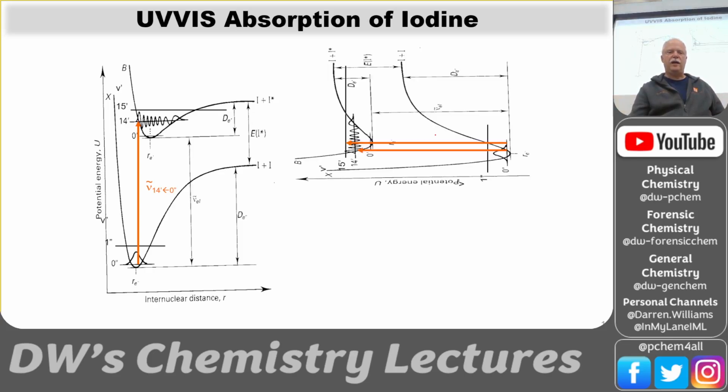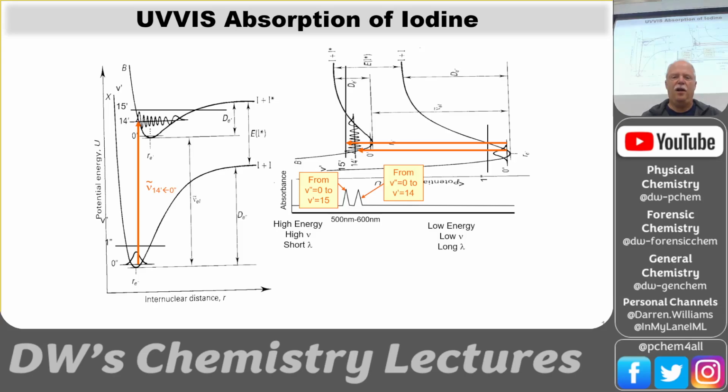So this absorption of iodine, if we take this plot and turn it sideways, we can see here kind of our spectrum. We've got a bunch of little peaks in our spectrum, and they all correspond to different vibrational transitions on top of the electronic transition. So everything in the visible spectrum is an electronic transition, and we're resolving individual vibrational jumps.